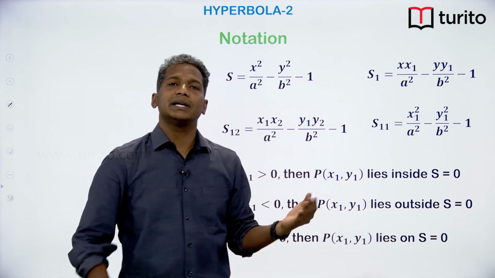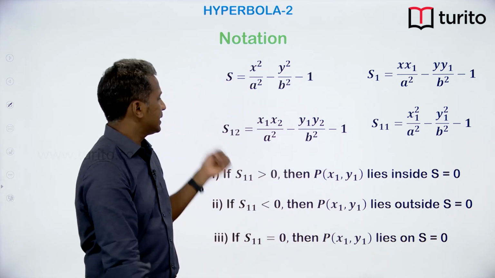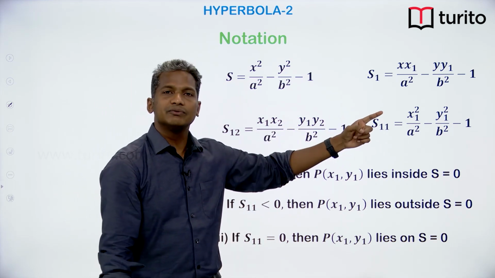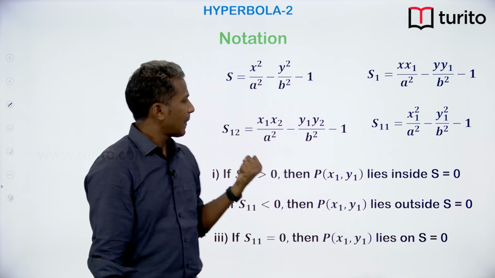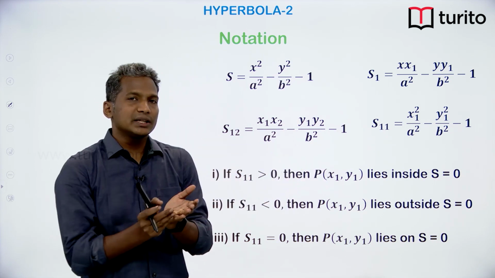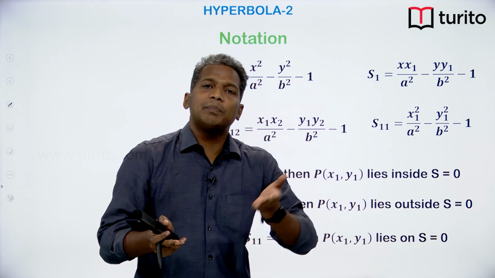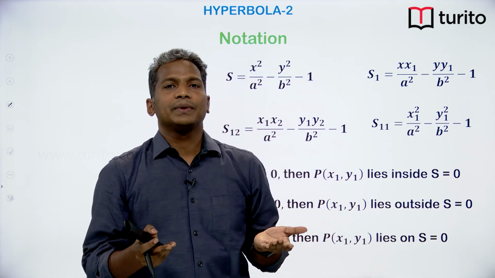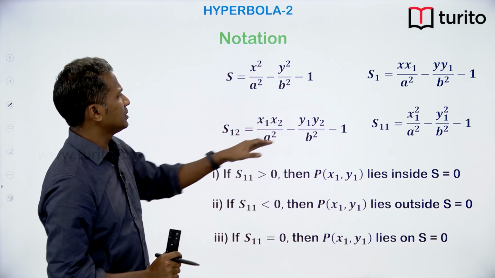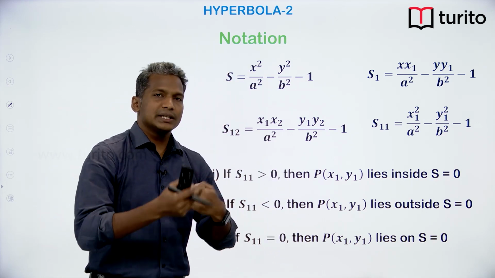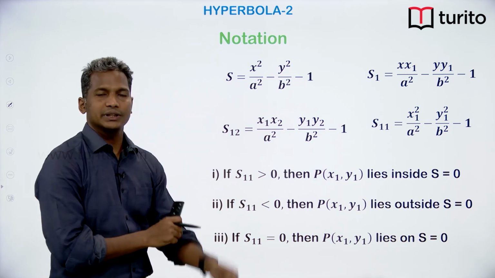We do not know what that line is, we will see that. Next, S11 is full substitution of the point, so this will give us a number. S12 is partial substitution of one point and partial substitution of another point, but this also will give us a number. We have understood this notation in the earlier chapters also, and it is the same notation.